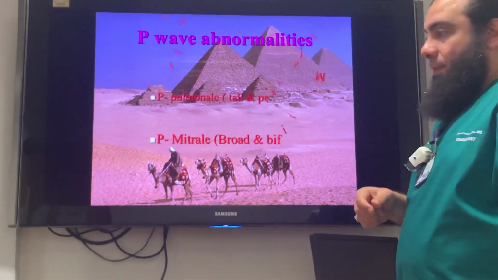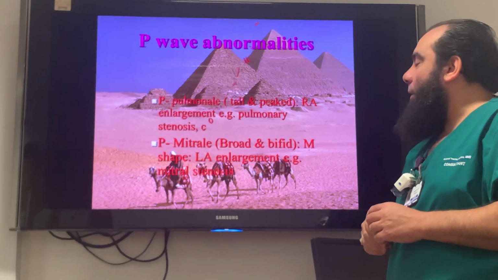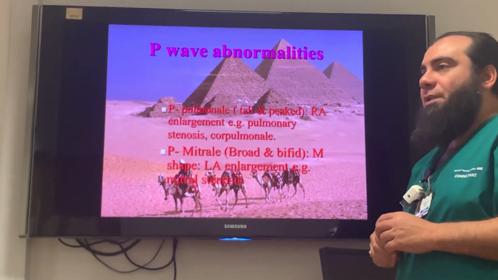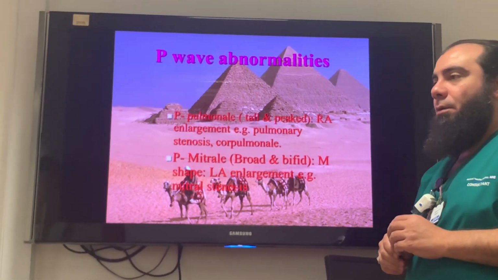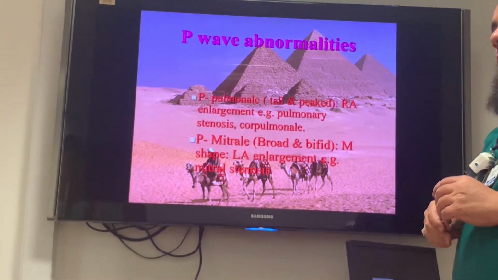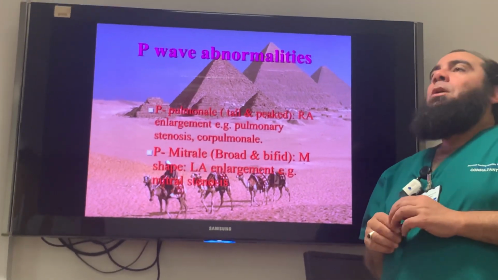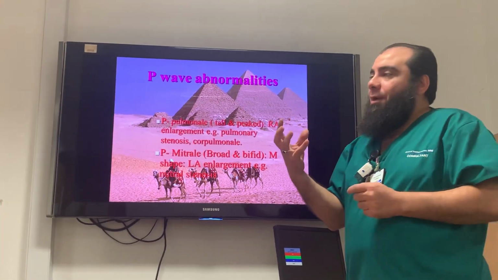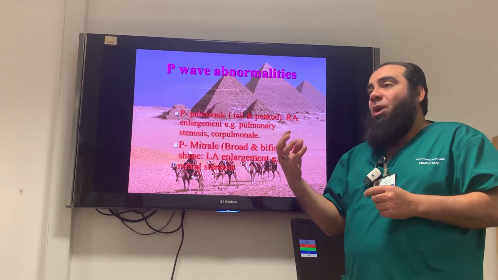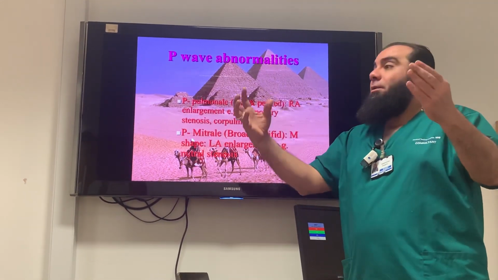P wave abnormalities. Have you heard before about P pulmonale and P mitrale? What do they mean? P pulmonale is when you have a peaked P wave due to right atrial enlargement, and P mitrale is where you have an M shape due to left atrial enlargement. Good. So if we have a chamber enlargement, we expect the wave represented by this chamber to be significant or magnified.